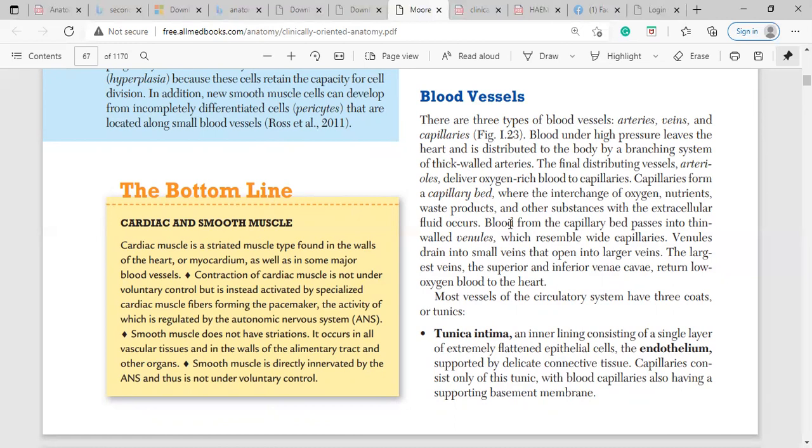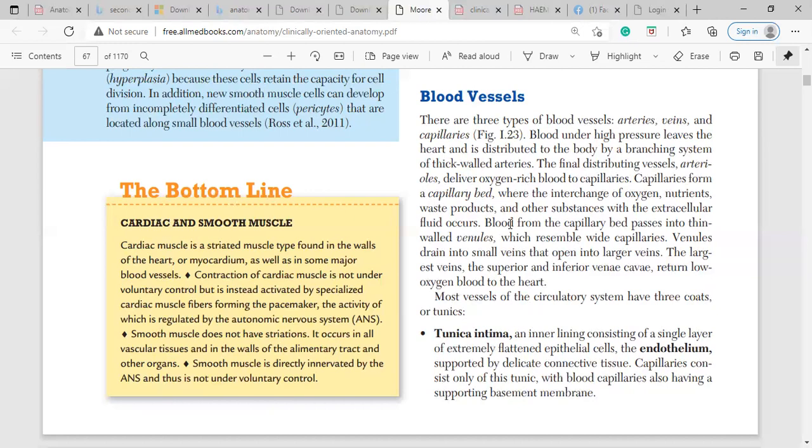Now, let's go to veins. Veins are blood vessels that return blood to the heart. So it means they are taking blood from all other tissues and taking it back into the heart.